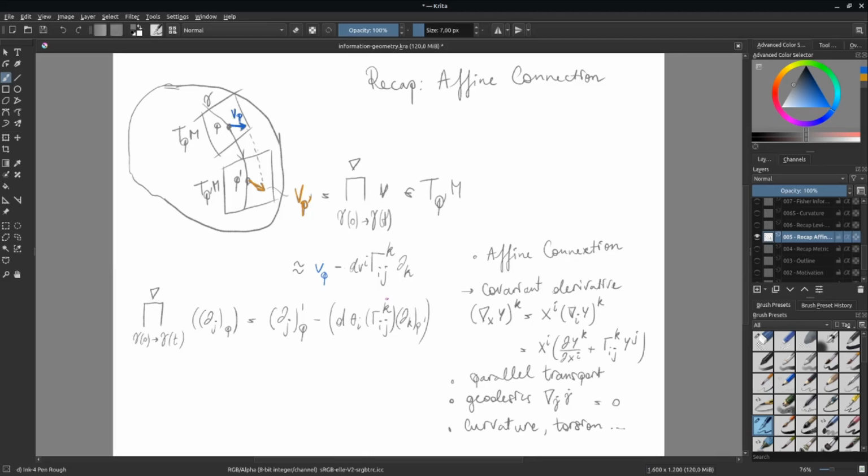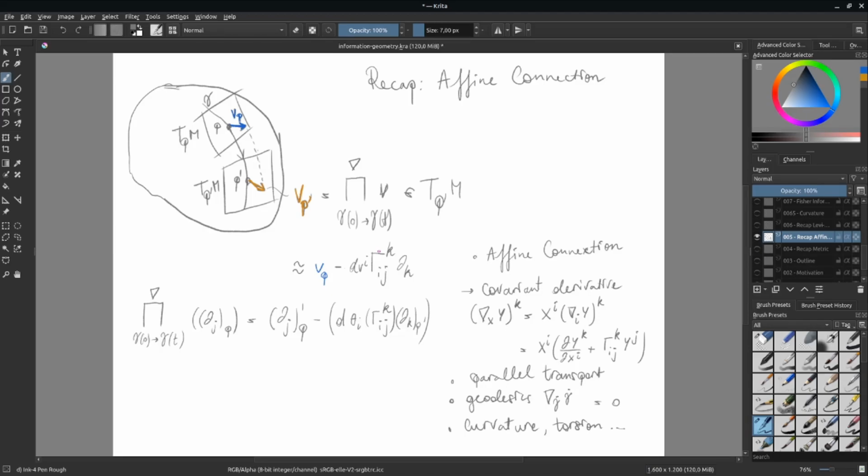But roughly the idea is that if I move just a tiny little bit, my new vector should still be very close to v, so it's still v, plus maybe something that should be linear in terms of v. And this thing that we add is essentially the connection coefficient.